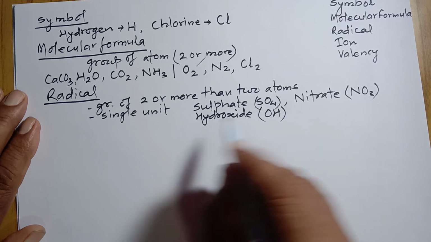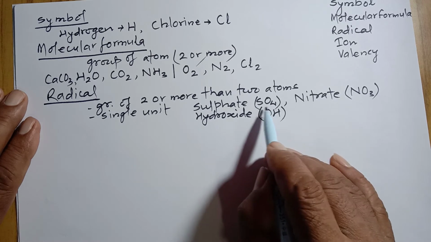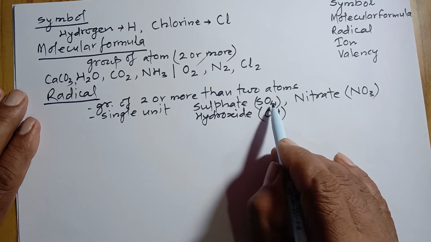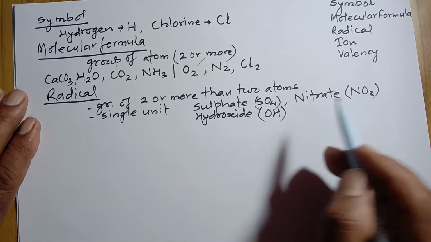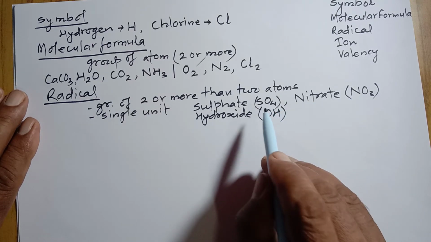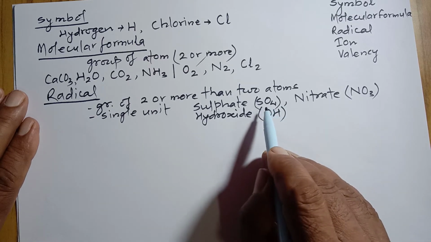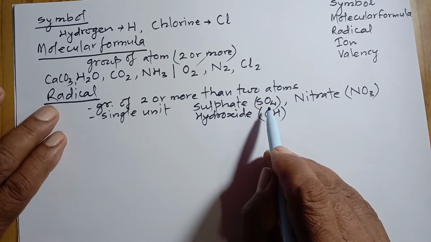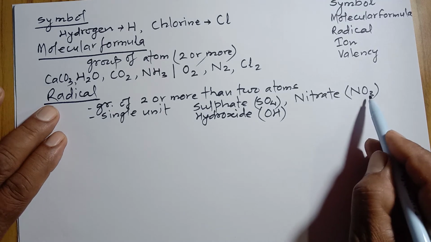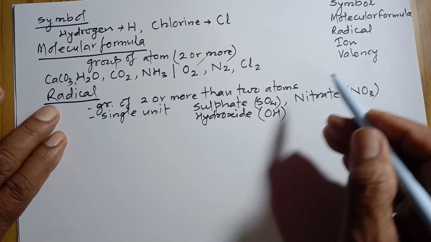Now these are groups of atoms. They appear as compounds. Looking at this, someone may be confused. Sulfur and oxygen are combined, that's why it may be a compound. No, it's not a compound. It is a radical. In the same way, nitrogen and oxygen are combined, but they do not have free existence like the compound.